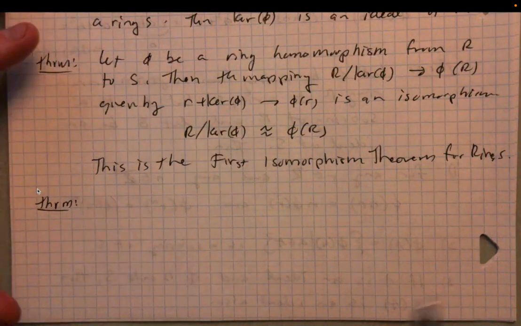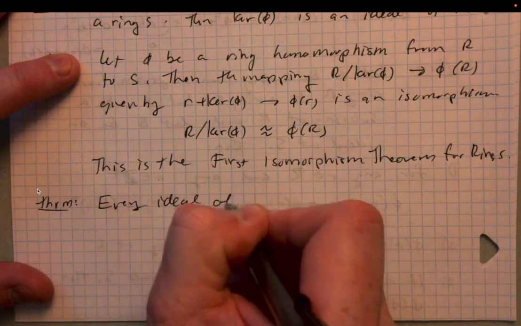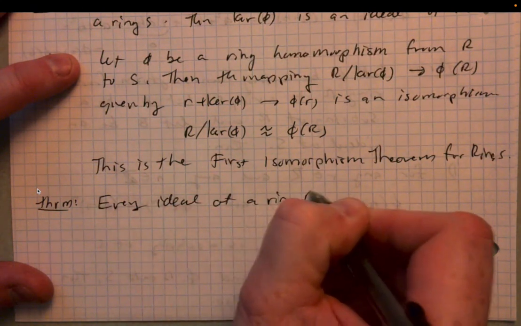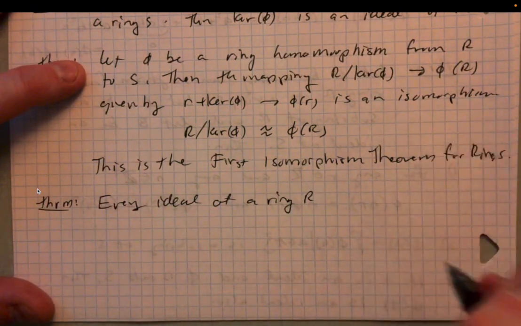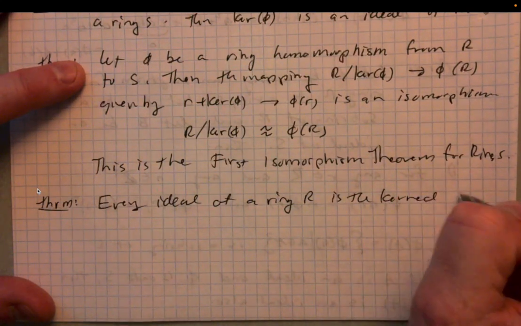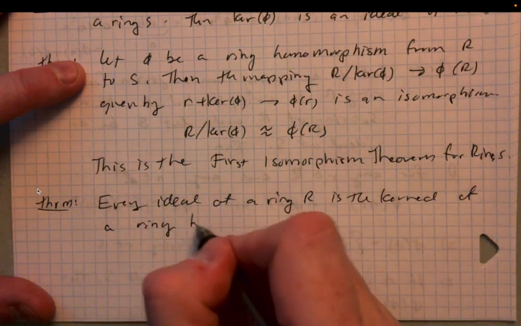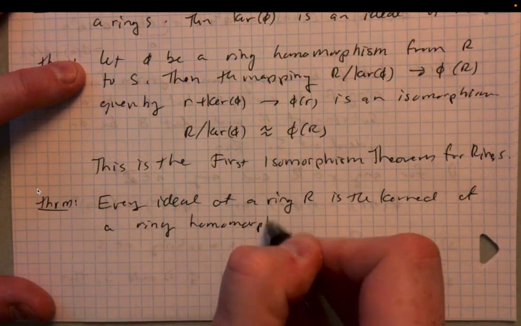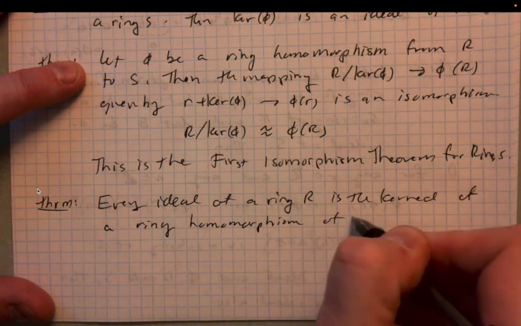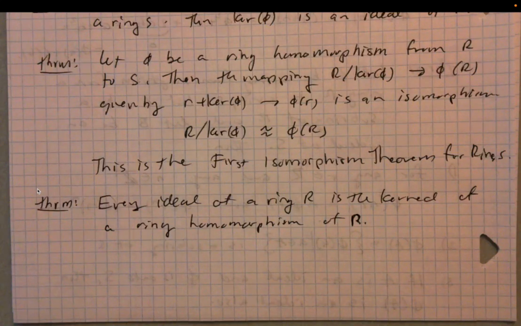Every ideal of a ring R is the kernel of a ring homomorphism of R.